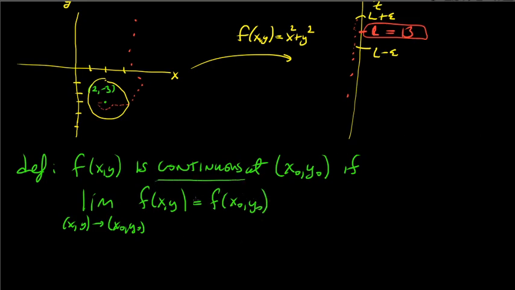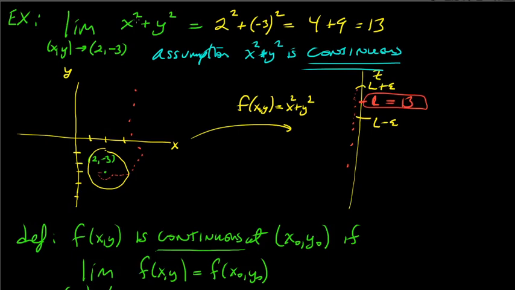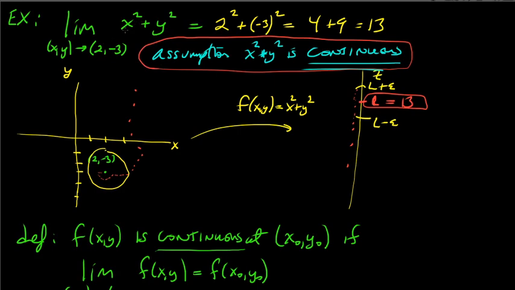So this doesn't always happen, of course. But when it does, it's a nice function. It's a continuous function. So knowing that x squared plus y squared is continuous allows us to find the limit by plugging in the 2 for x and -3 for y, on the assumption that we have a continuous function.